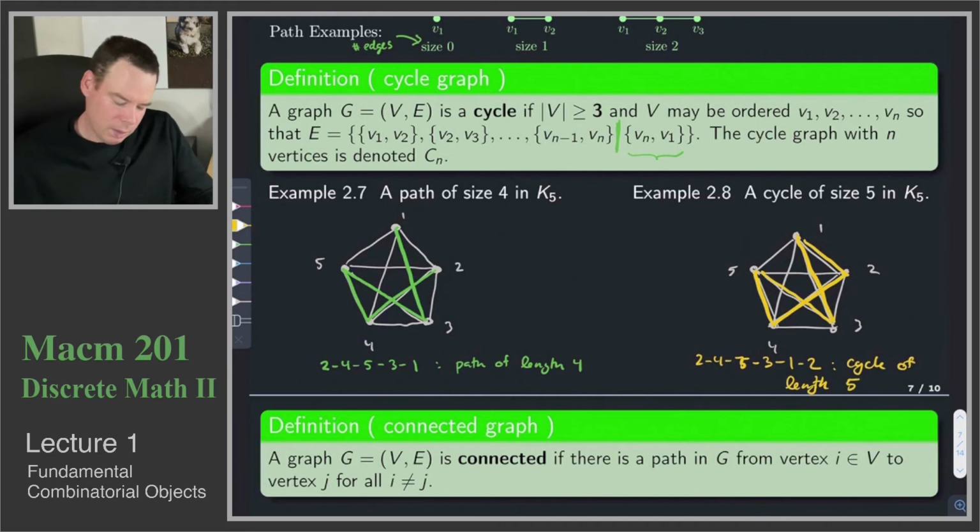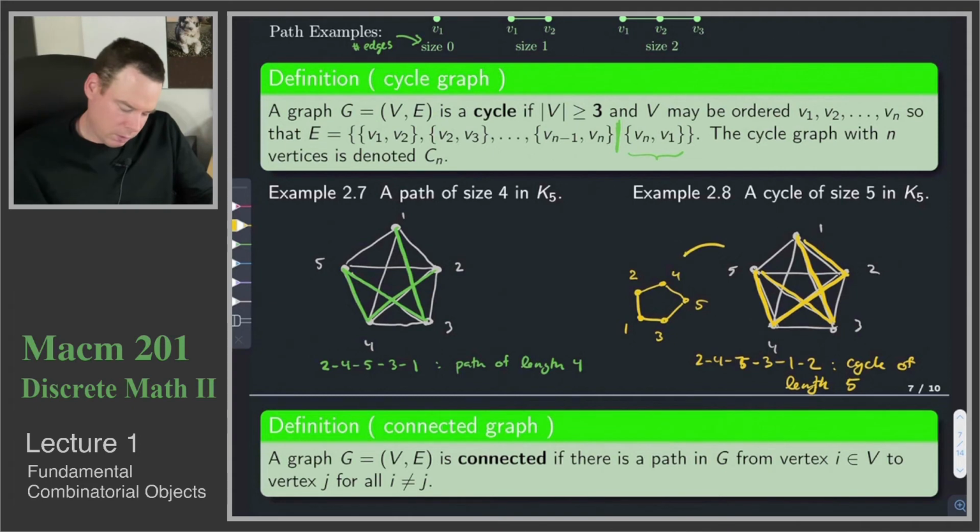And that's a cycle of length 5. If we were to just write out what it was, I'm going to redraw it, a different diagram for the same cycle. It went 2, 4, 5, 3, 1, and then back to 2 again.